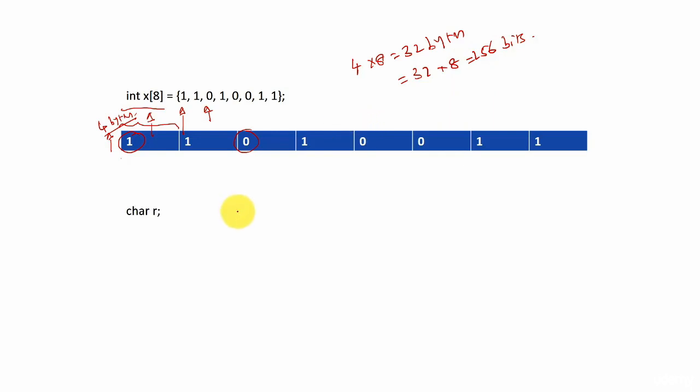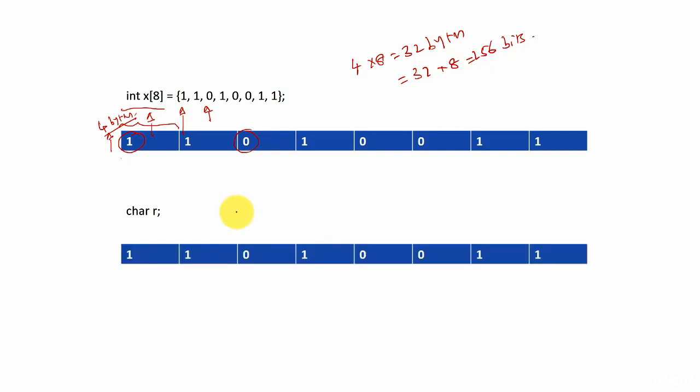Instead of this, if the teacher had declared a character variable, and we know that any character variable takes 8 bits, and initialized that character variable with this value, then in 8 bits, he could have stored all this Boolean information. So here the difference is that this is 1 bit instead of 4 bytes, that is 32 bits. This is 1 bit only. So 1 bit is sufficient to keep a 1 or a 0. So this character variable r is just sufficient for keeping all these Boolean values.